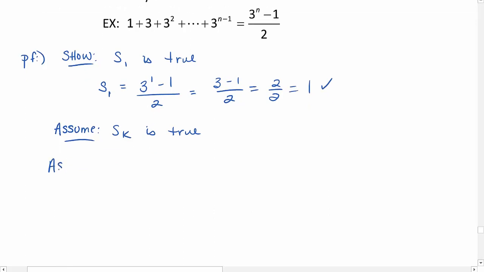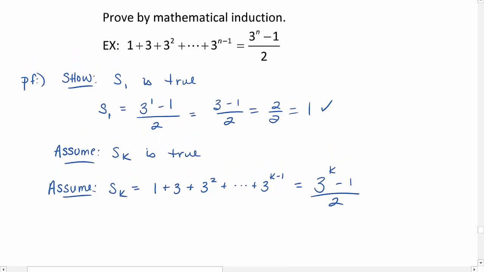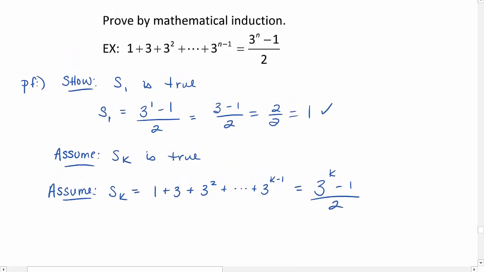That means that we will be assuming that S sub k, which is equal to 1 plus 3 plus 3 squared plus up to 3 to the k minus 1, is equal to (3 to the k minus 1) all over 2. So here, all we did was replace the n's in our original statement with a k.